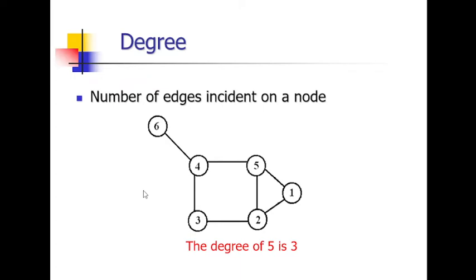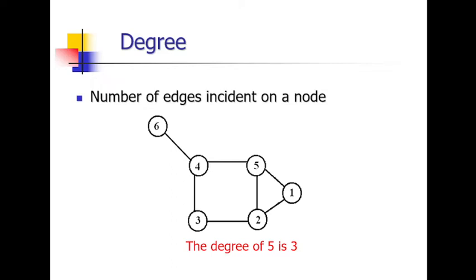So let's understand the next concept. That concept is called degree. Now, what is degree? It is the number of edges incident on the node. It might be outgoing or it might be incoming. So you can say how many lines are incoming and outgoing, that is the total, the number of edges.